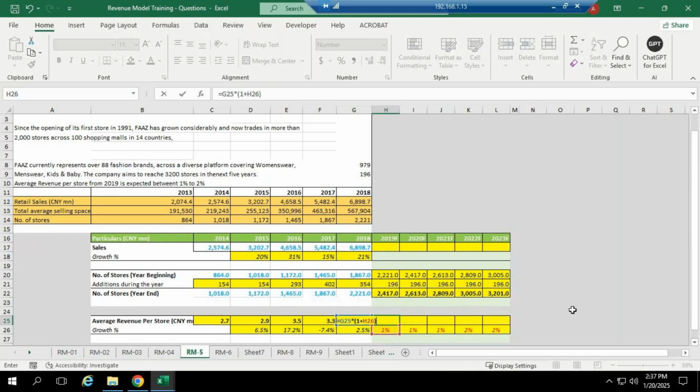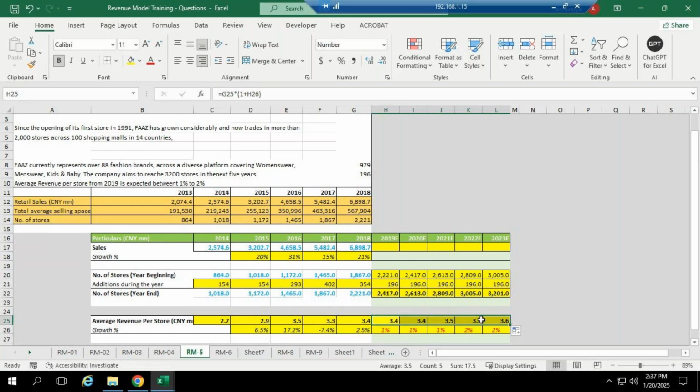Now close the bracket, enter. So now 1% it has been increased here. See, now you got it.